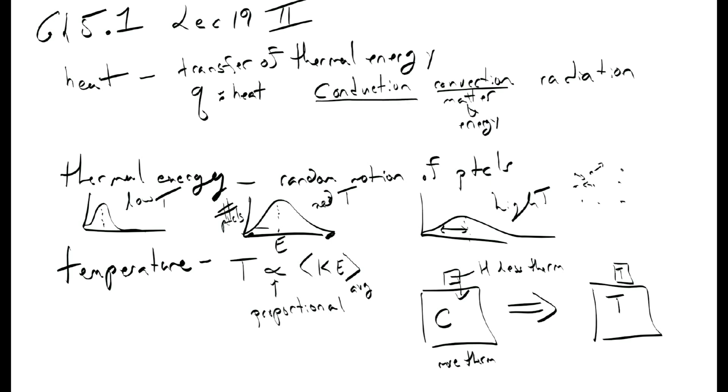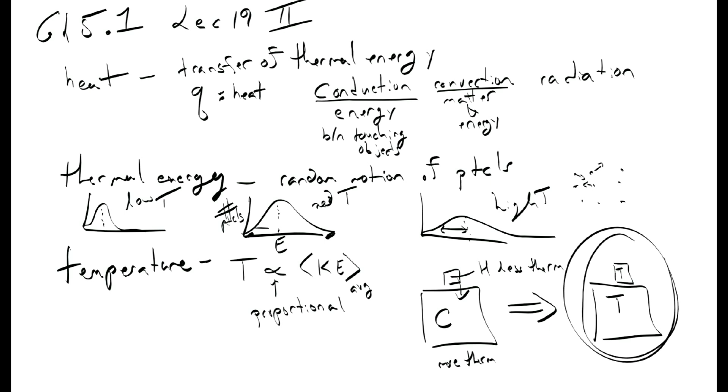Conduction is just energy that's moving between touching objects. Matter is not moving, but energy is. So this example down here in the lower right was a matter of conduction. Heat was being transferred between the two objects, but all their particles were staying where they were.